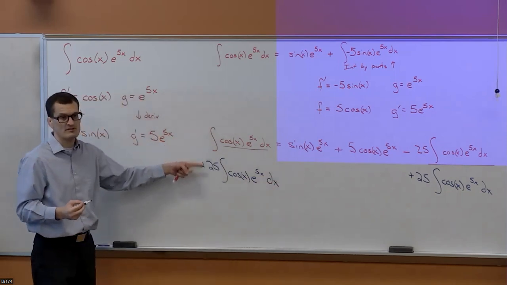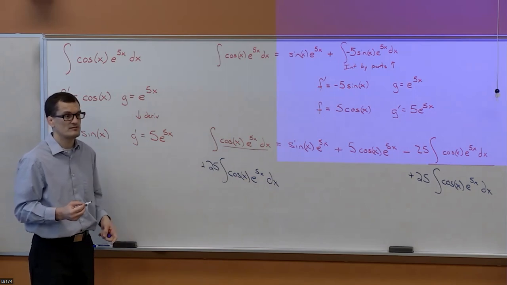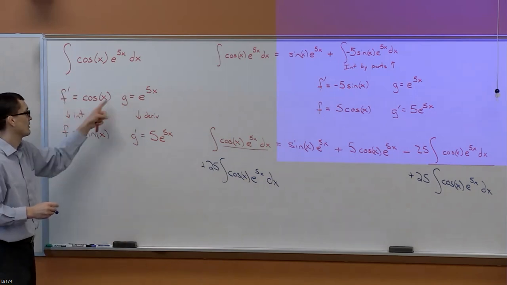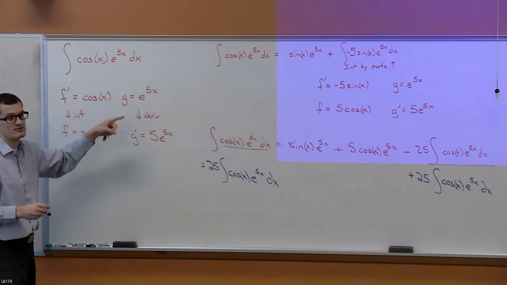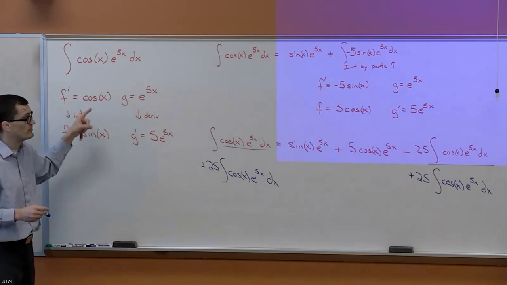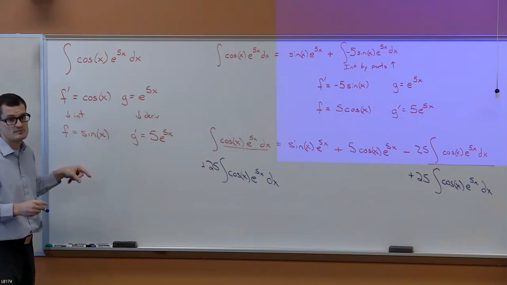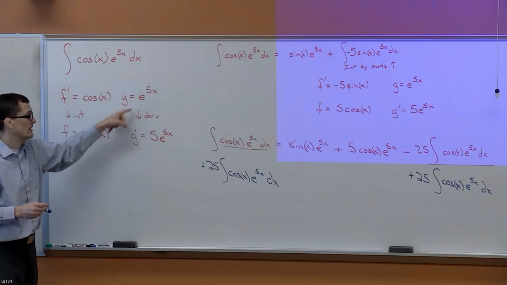Sometimes you end up with ugly fractions in front. In fact, if I would have swapped which one I called the G and which one I called the F prime first, then we would have been dividing by 5, right? Instead of multiplying by 5.